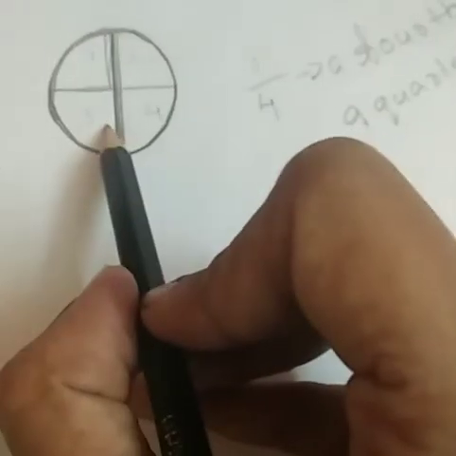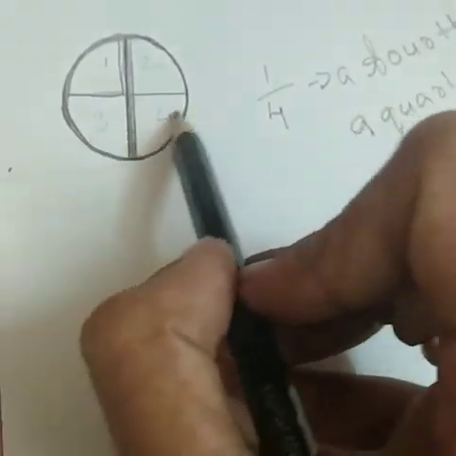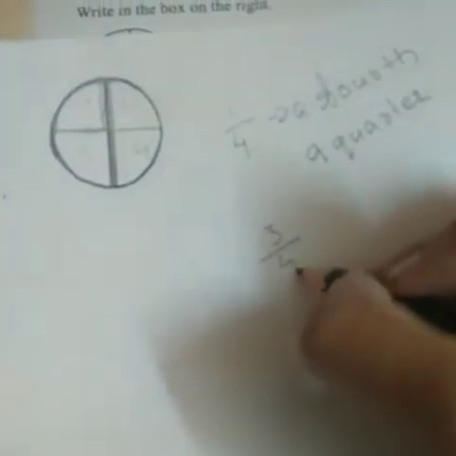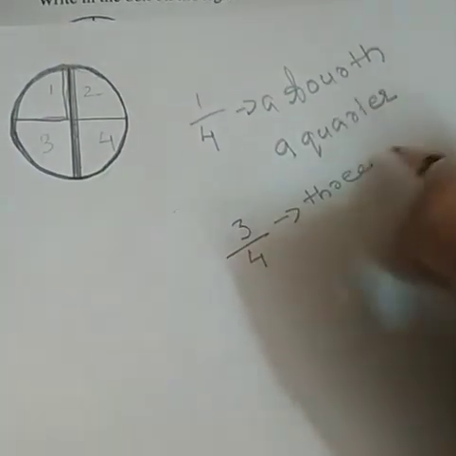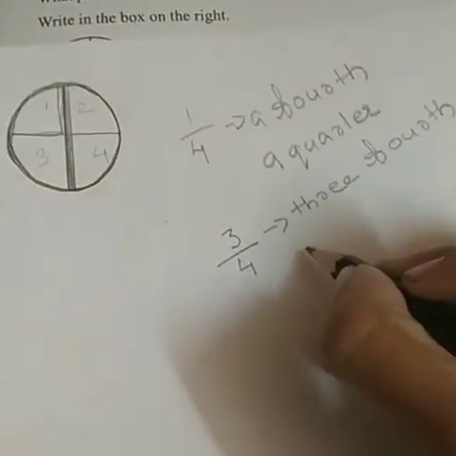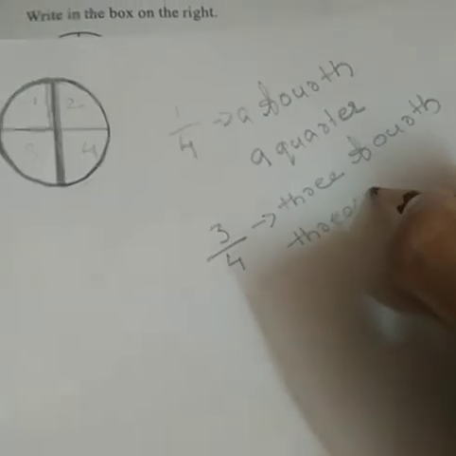Okay. What is the remaining part? 1, 2 and 3. 3 parts are remaining. We can write it as 3 by 4 or 3/4.